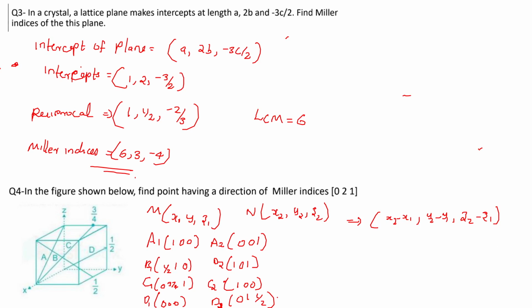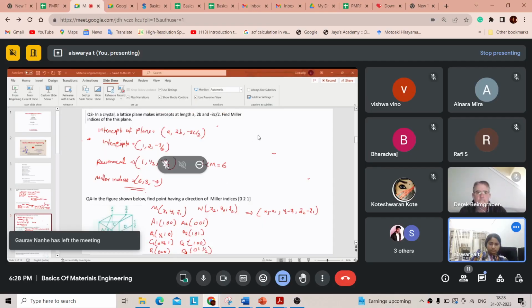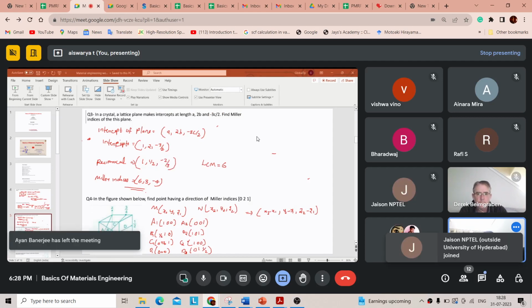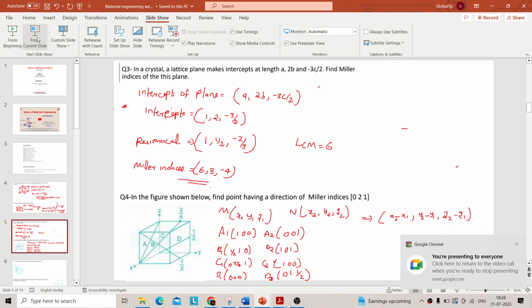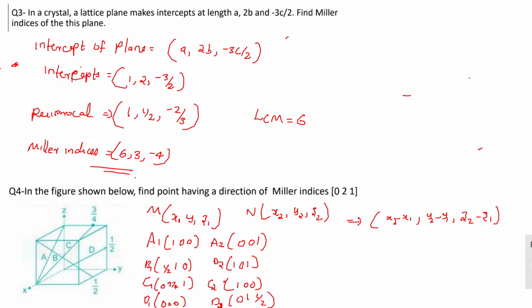So did anyone try the problem? So what will be the answer here?